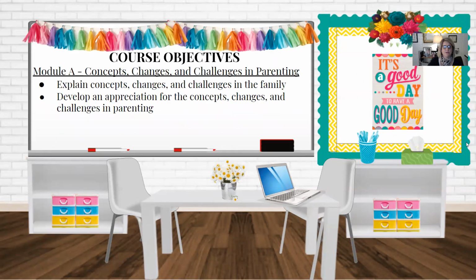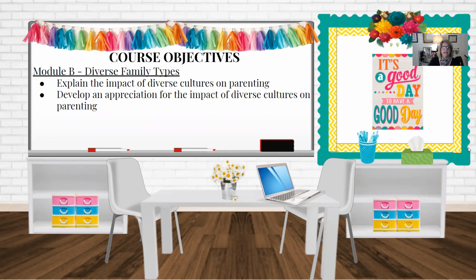The objectives for this course are divided into three sections, Modules A, B, and C. For Module A, we're going to talk about concepts, changes, and challenges in parenting. Module B, we're going to talk about diverse types of families, explain the impact of diverse cultures on parenting, and develop an appreciation for that impact.